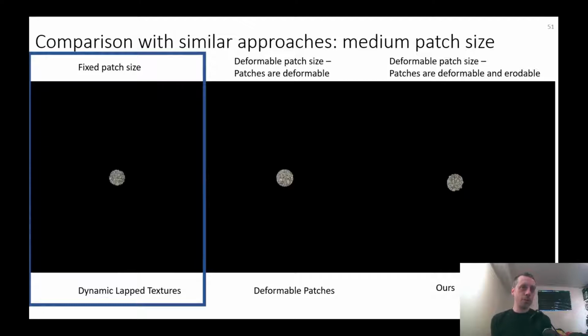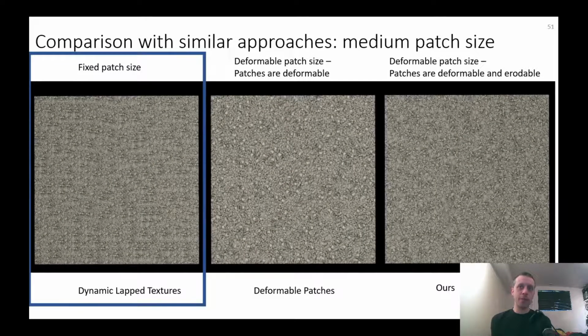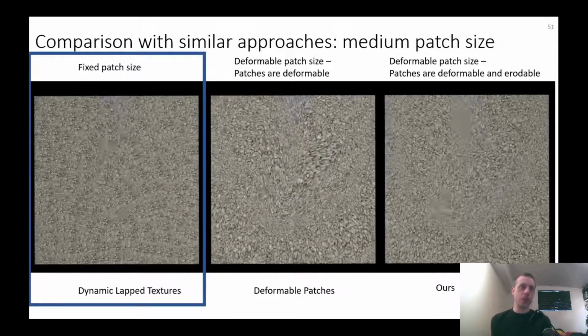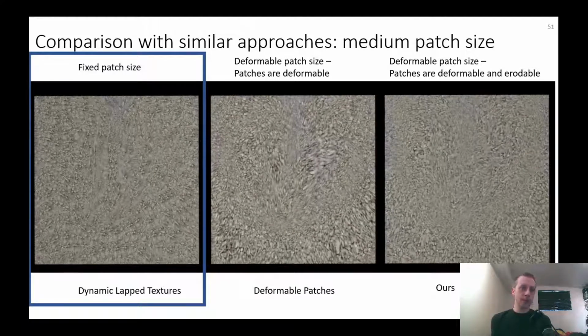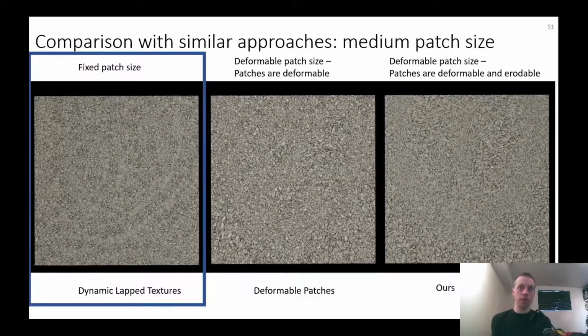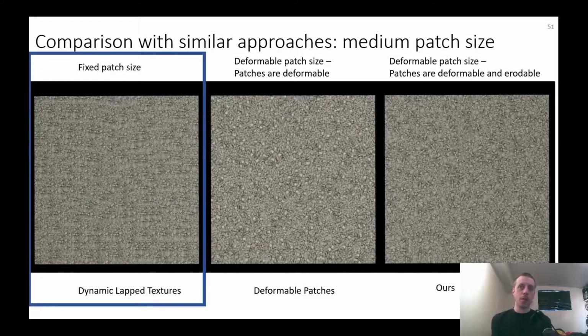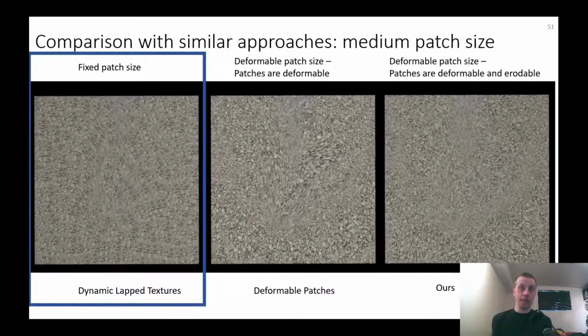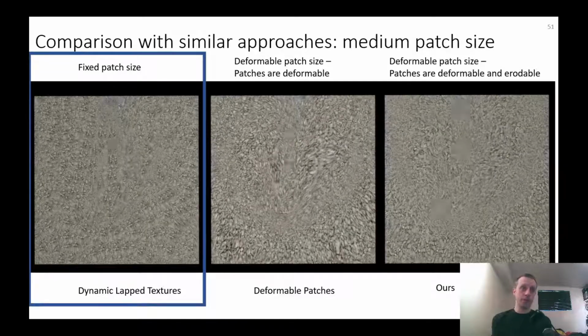On the left, we can see the rotation of patches for the dynamic lapped texture method. What we can see is that the result of the dynamic lapped texture approach is faithful to the exemplar. But we can easily see the boundaries of the patches.